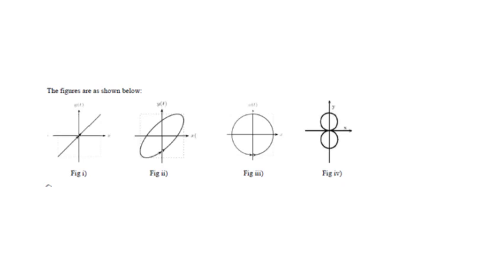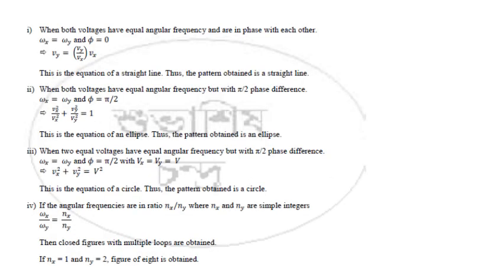And under what circumstances the figures will be obtained, we discuss in the next slides. Actually, as per the Lissajous figure, we applied two different frequencies on X and Y plates.